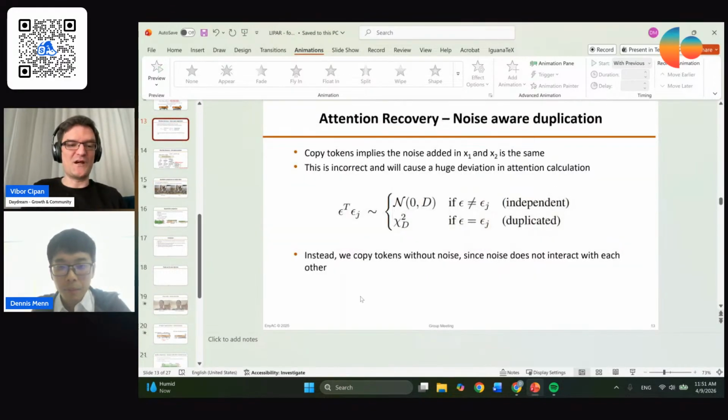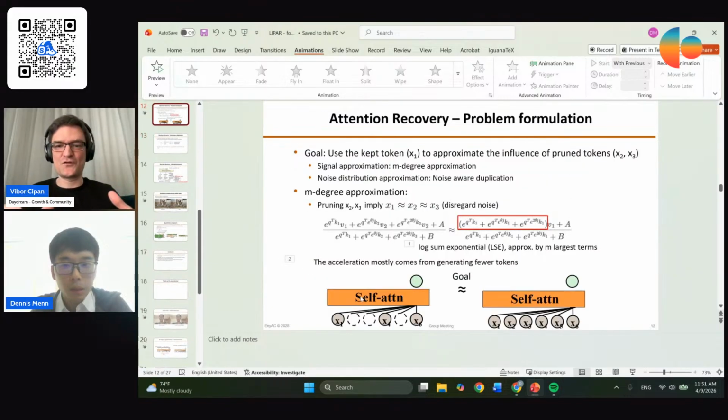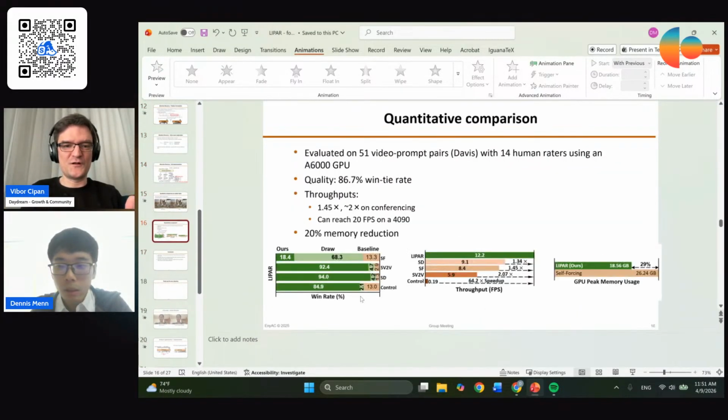The memory reduction, at some point you mentioned it going from 20.7 gigs to 16.6 gigs on a 4090. To me personally, that's almost as interesting as the speed gain for the creator or hobbyist audience. So was the memory optimization an explicit design goal, or a happy side effect of processing fewer tokens? How did you approach it?